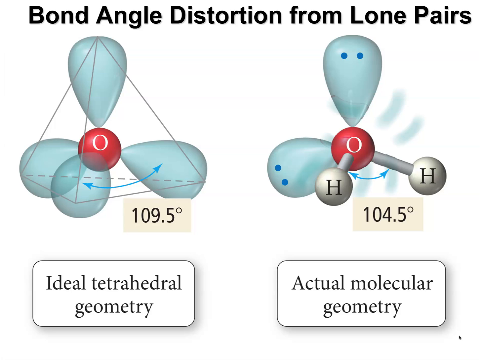They're going to repel each other a lot. But then those lone pairs are also going to repel the bonded pairs between the hydrogens and the oxygen, forcing those hydrogens closer together. Remember, two lone pairs to each other is a greater repulsion than two bonded pairs, which changes the bond angle from 109.5 to 104.5.